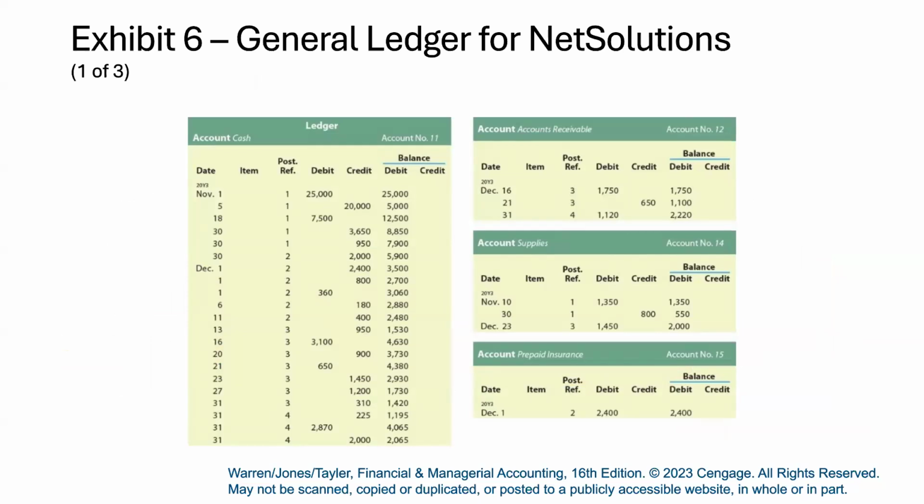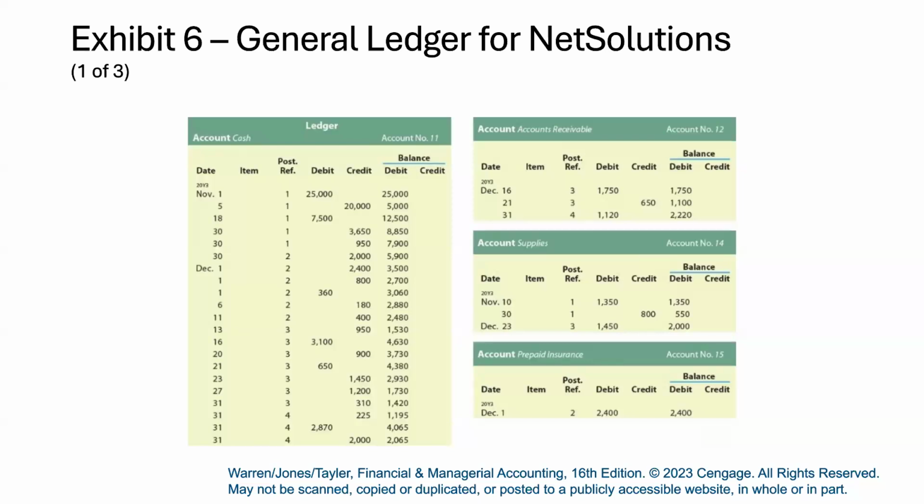So at the end of the period, after you've been recording all of these things in the ledger, whether you're using a T account or this style ledger that carries the balance, we'll have this long ongoing thing and we'll have a balance. We can see that our cash account started in November with a balance of 25,000, and then we've been debiting and crediting it all the long way.